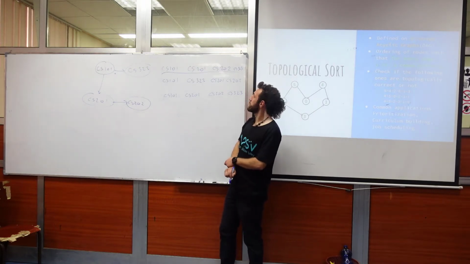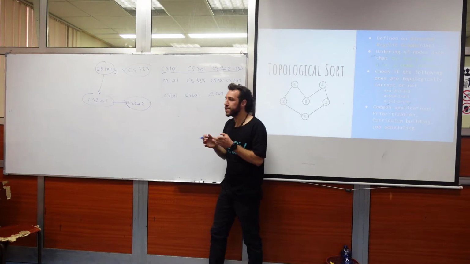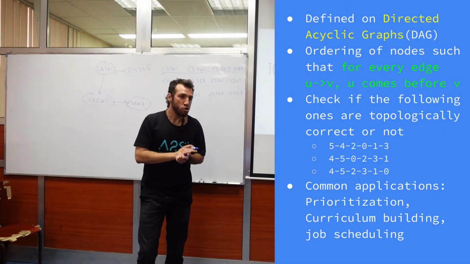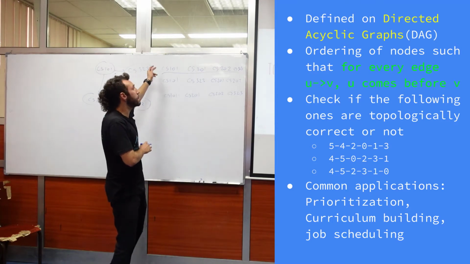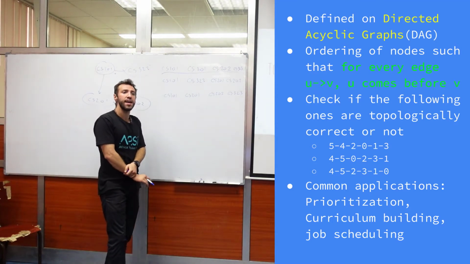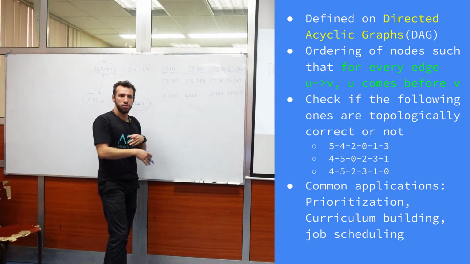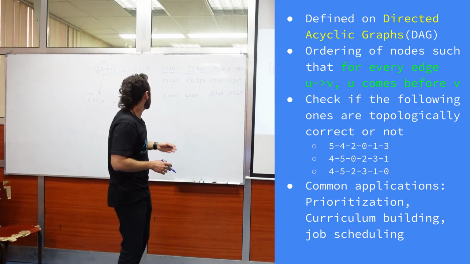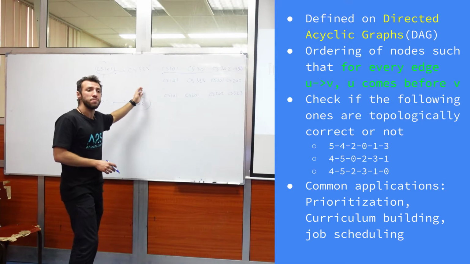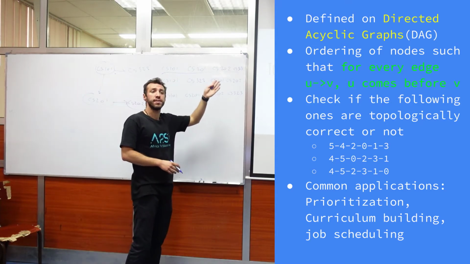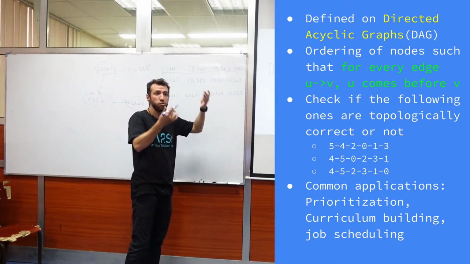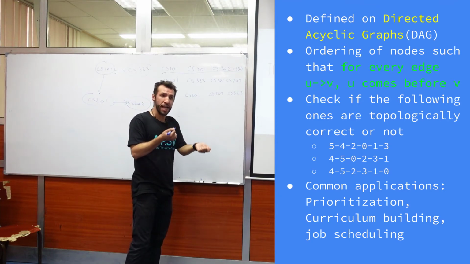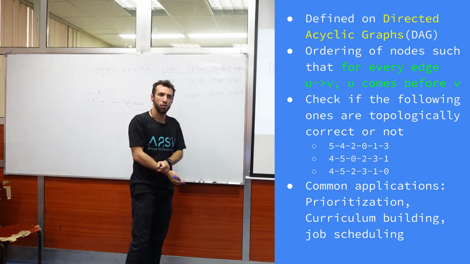It's not topological. Okay, then let's make it clear what the definition of a topological sort is. If our order has any violations of dependencies, then we say this is not topological. For every edge from U to V, U has to appear earlier than V. And in order to violate this, V should be appearing before U. In that case, we say there is a violation here.